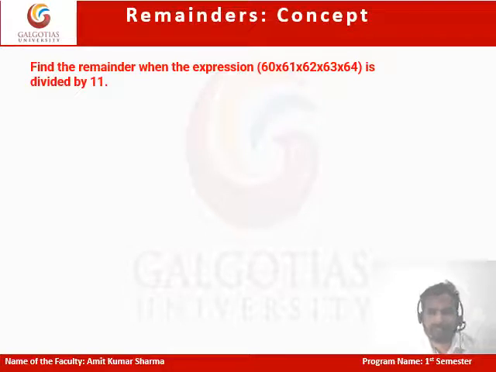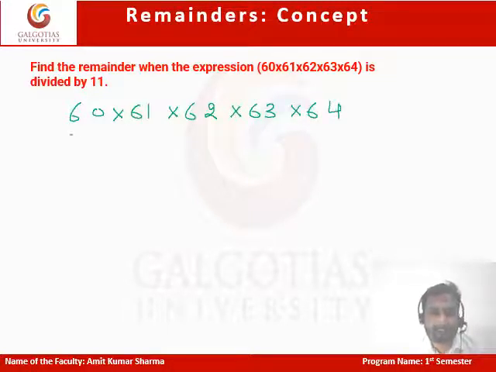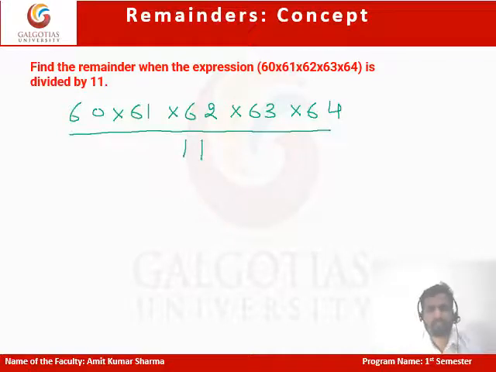So first of all, write the question. It's 60 times 61 times 62 times 63 times 64, right? This number is divided by 11 and we need to find the remainder, right?